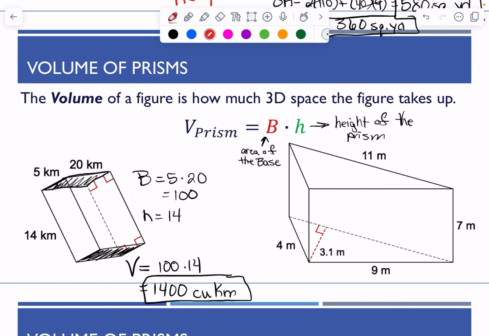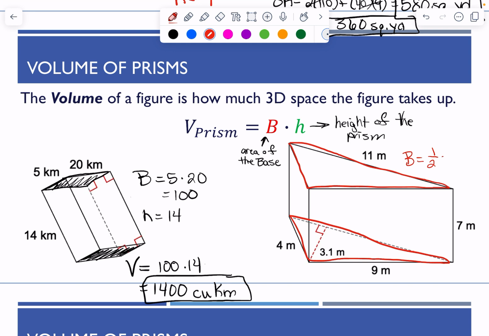Let's take a look at the second one. Here, my bases are the triangles. Okay, so top and bottom. And what I want to know is the area of that base. Remember, in the area of a base, the height and base of the triangle have to be perpendicular.